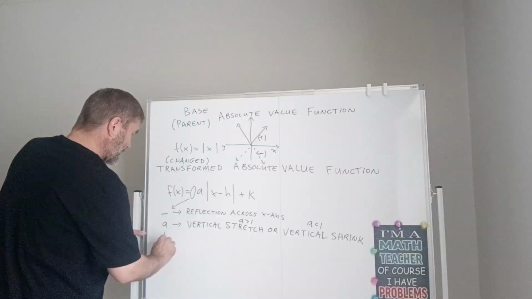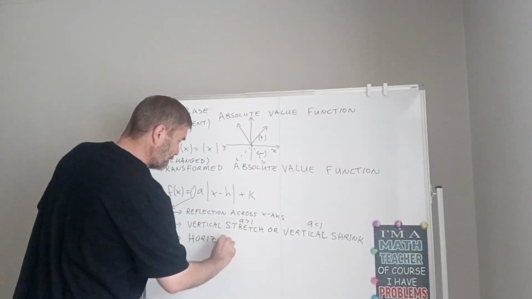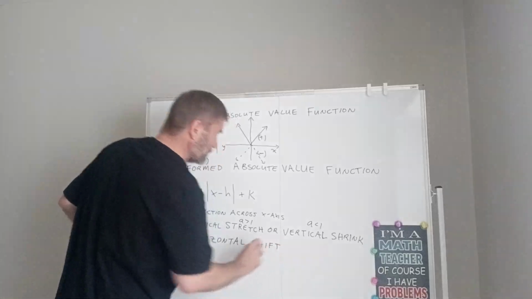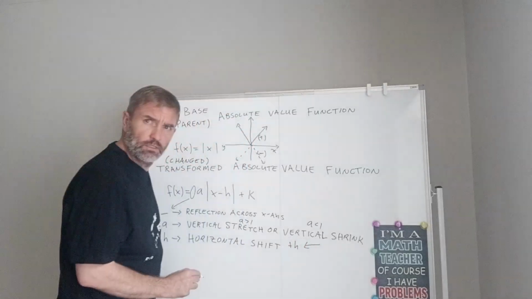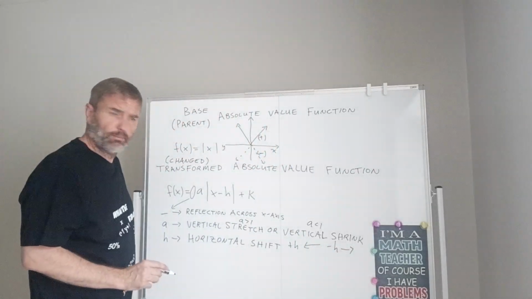Now, what do you have? Your h. Well, guess what? They call that your horizontal shift. That means you move the graph left to right. Now, something to note, okay? x plus h actually moves you left. x minus h moves you to the right. You're going to want to remember that.